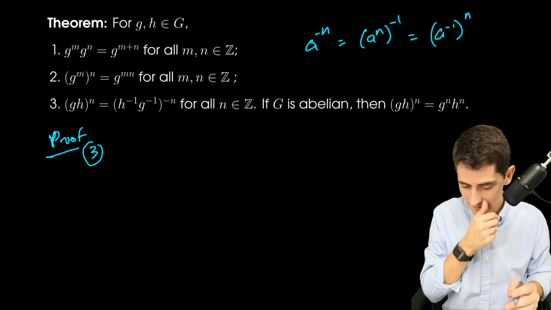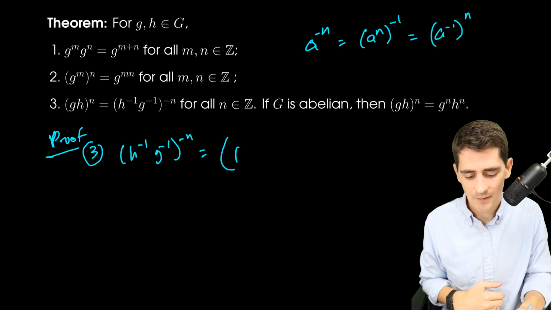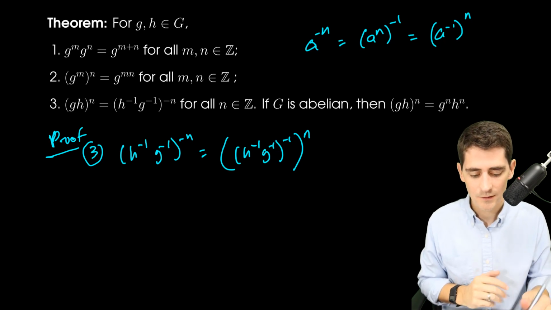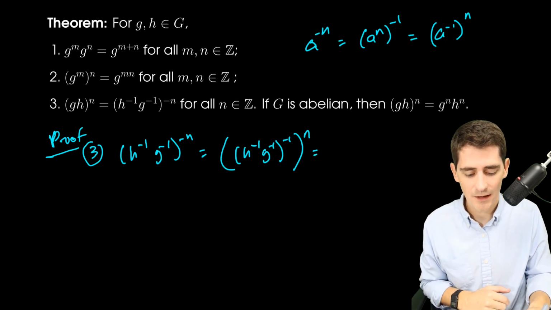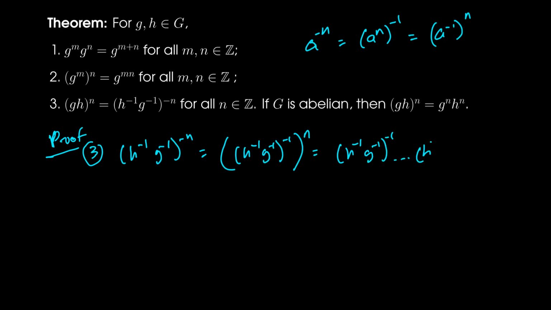All right, so I think what we want to do then is to rewrite this h inverse g inverse to the negative n as h inverse g inverse, inverse, all to the n power.